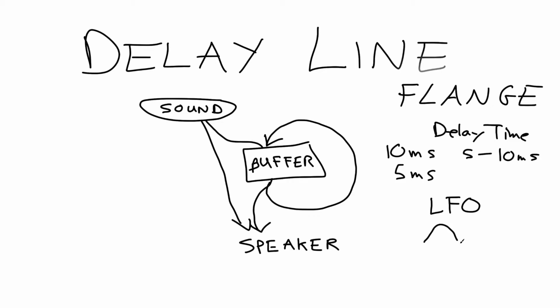So if you use something like a sine wave to control the delay time to go between, let's say, if the low was 5 milliseconds and the high was 10 milliseconds, right? Then it would continuously change the delay time. And then I can also combine this with some feedback as well.